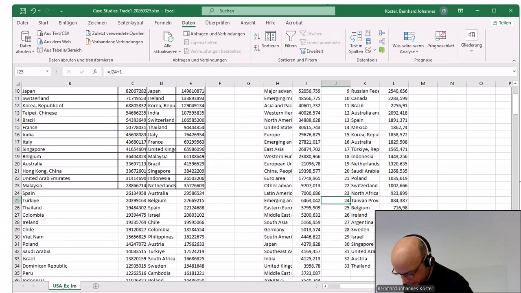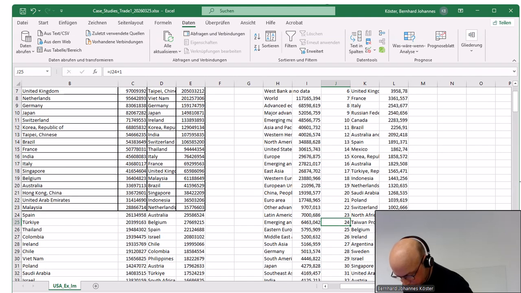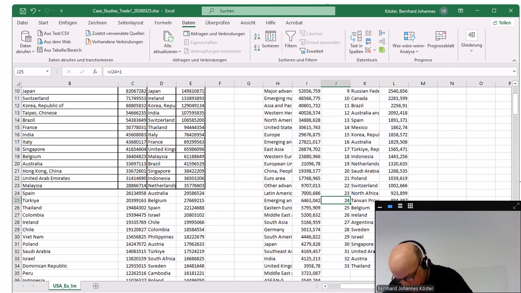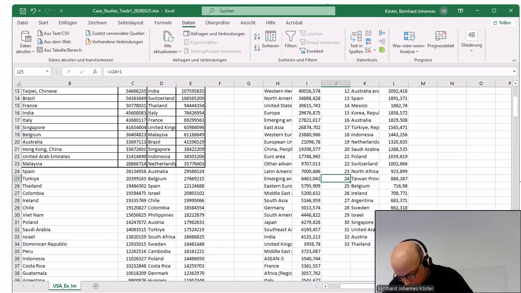So Germany has a GDP, where are we? In US dollars of 5 trillion US dollars, and Taiwan almost 900 billion. So Taiwan is only roughly 20% of market size compared to Germany.